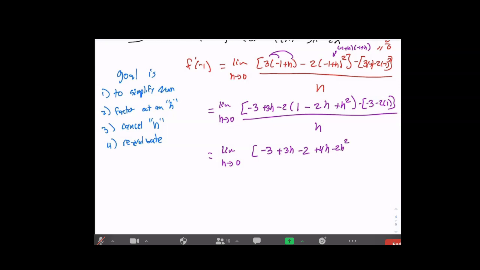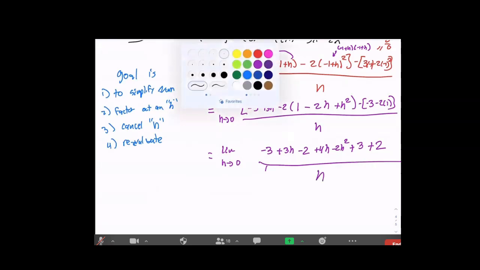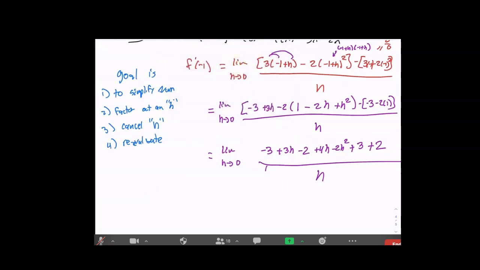Actually, I want to get rid of this bracket. I'm expanding it. Plus 3 plus 2. I distributed the negative, all over h. All right. What cancels in the numerator? Simplify the numerator.